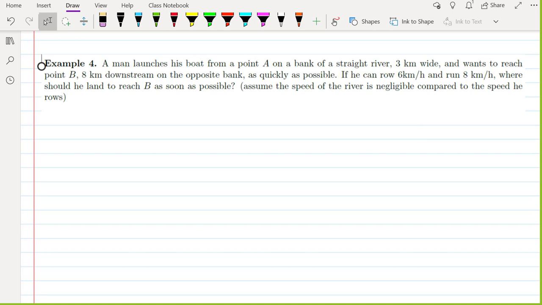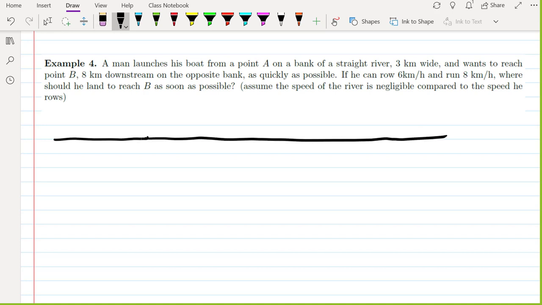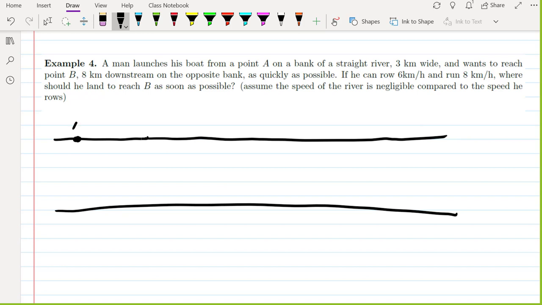All right, so let's draw a picture of this situation. So we've got a river. Looks something like this. And we have point A and we have point B. We know that the width of the river is 3 kilometers.